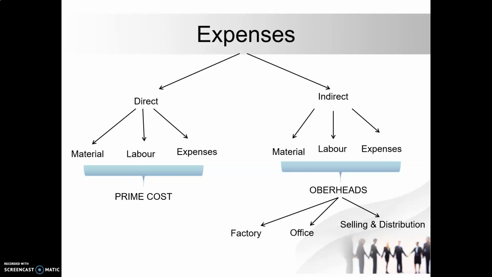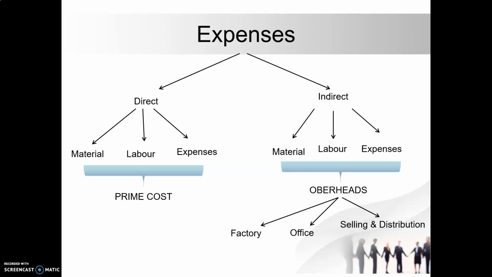Okay, so material, what is a direct material? Suppose let's take an example of a pen, manufacturing of a pen. What material do we use in manufacturing of a pen? Plastic, ink, maybe the refill. So these are your direct material. What is your direct labor? Those people who are directly manufacturing this pen is direct labor.